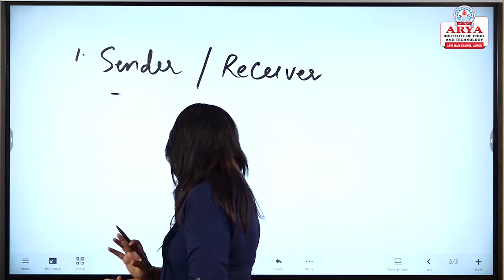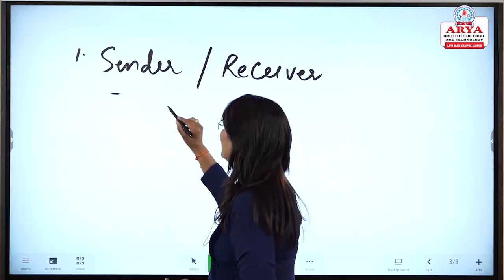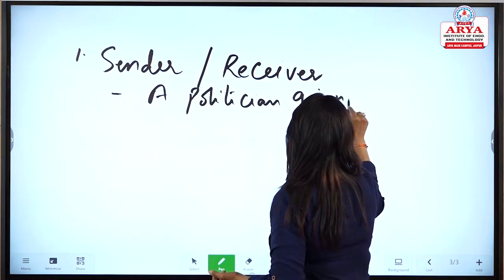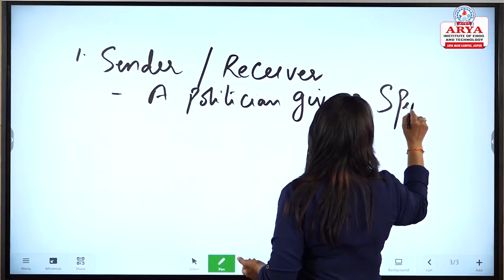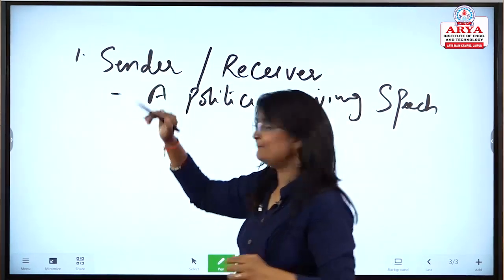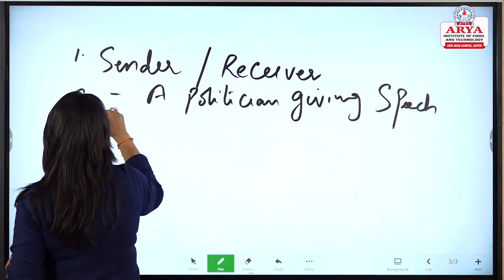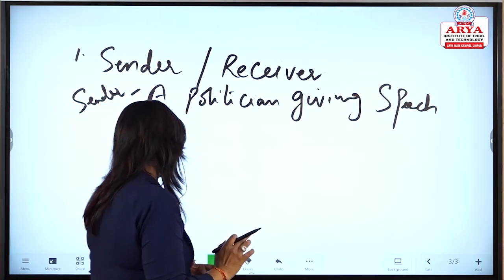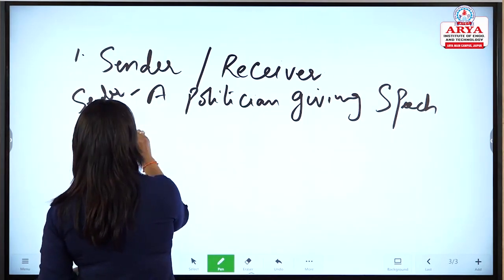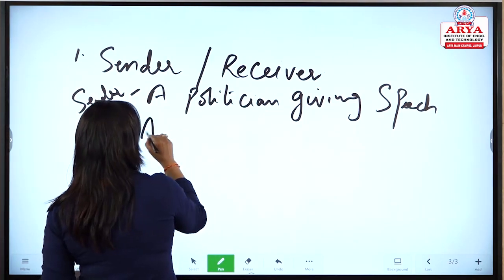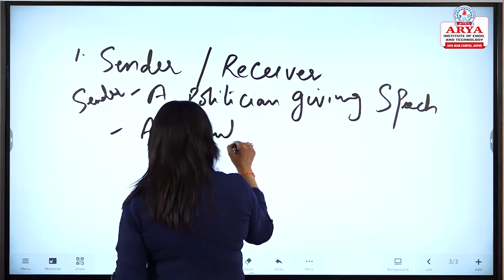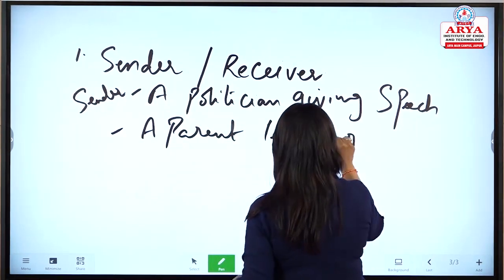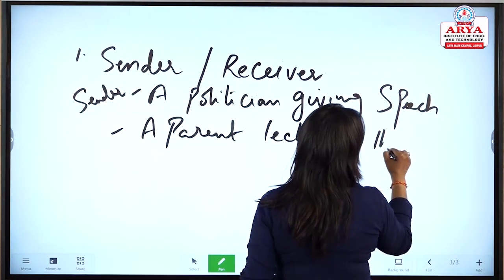When we are talking about the example, a politician giving a speech is an example of a sender. And the second example is a parent lecturing the child.